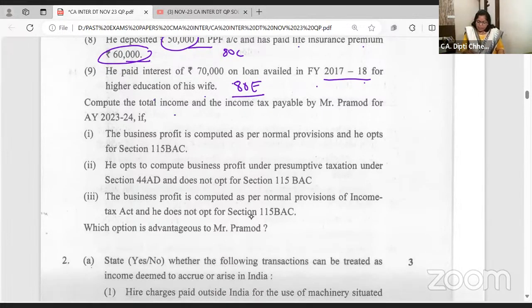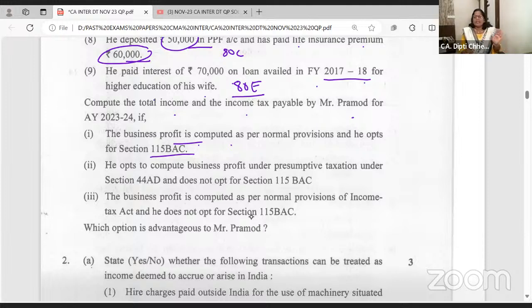Chalo, compute the total income. Option one: business profit is computed as per normal provisions, add and less, and he opts for 115BAC, the new tax regime, where for every 2,50,000 the tax rate goes up by 5%, and deductions he will not get.